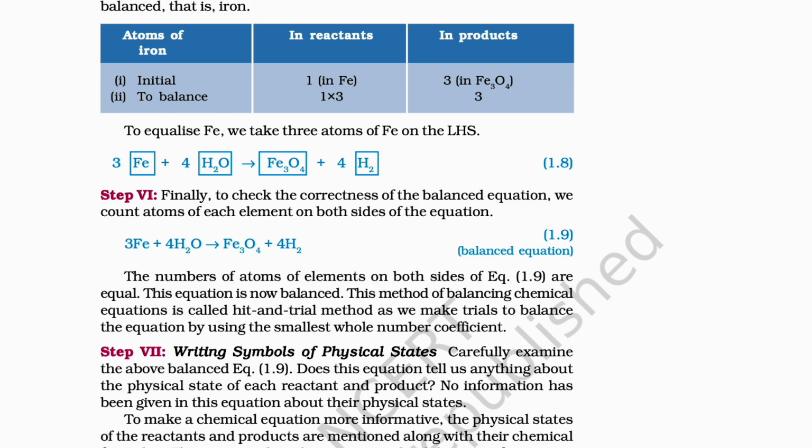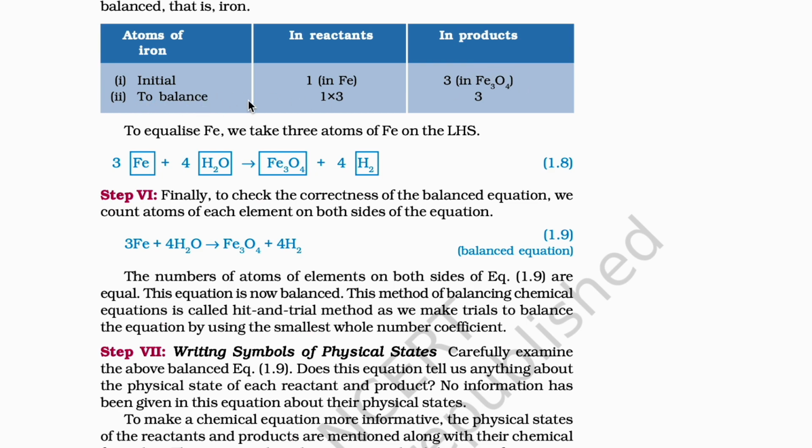Step 5. Examine the above equation and pick up the third element which is not balanced. You find that only one element is left to be balanced, that is iron. Atoms of iron initially in reactants 1 in Fe, in products 3 in Fe3O4.